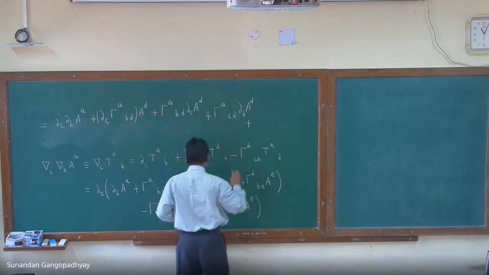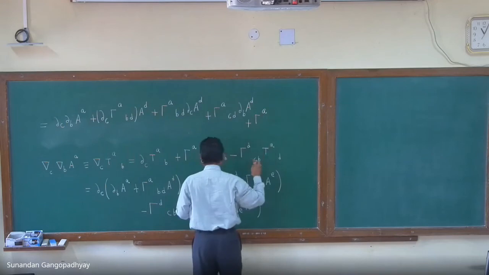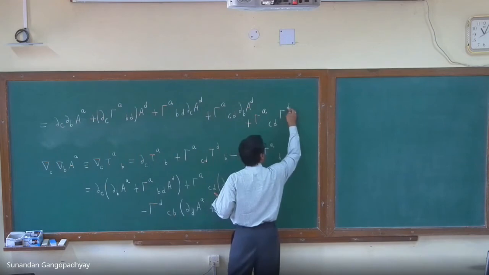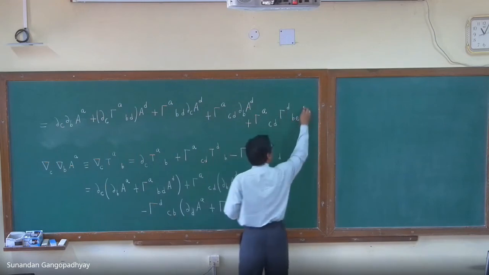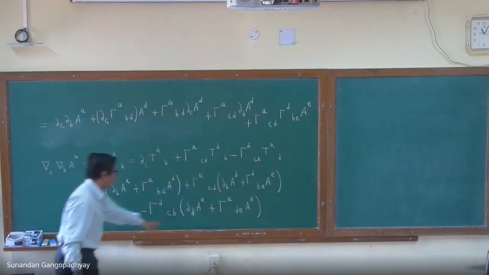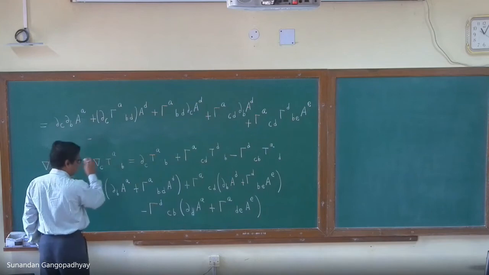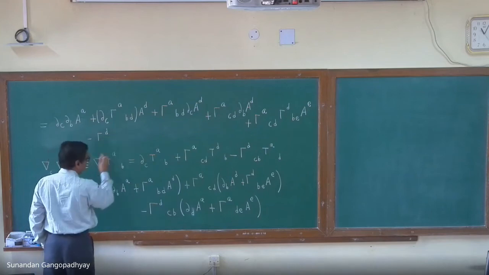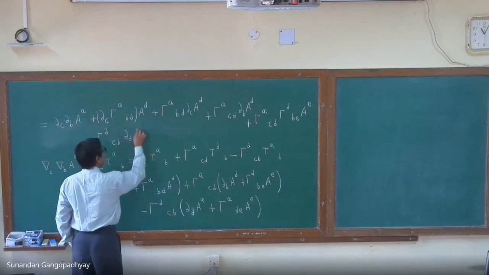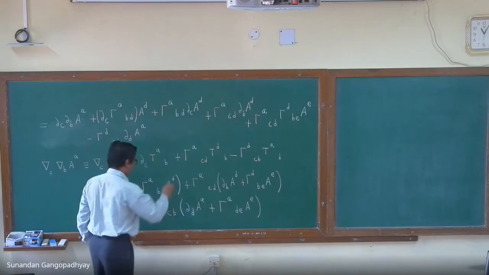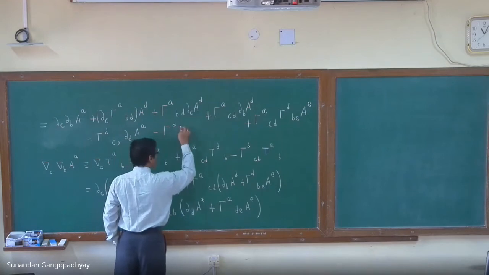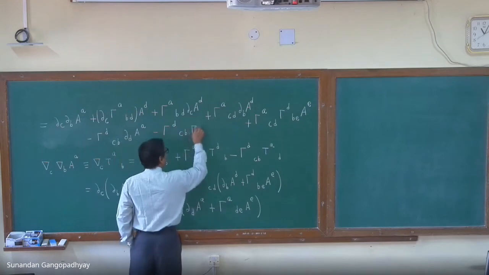And then we have another term which is gamma A CD gamma E. Then these two terms is minus gamma E CD del B A minus gamma E CD A.